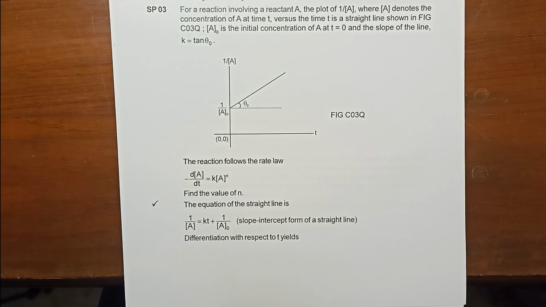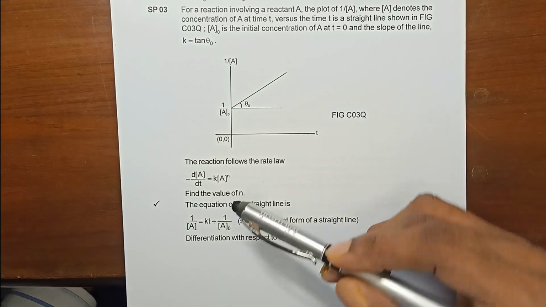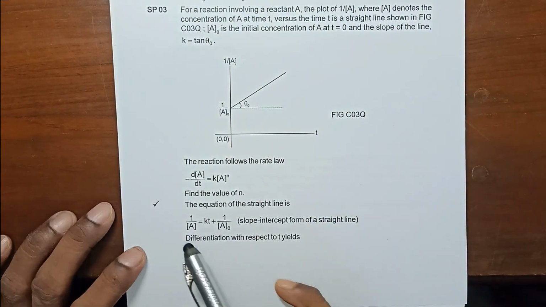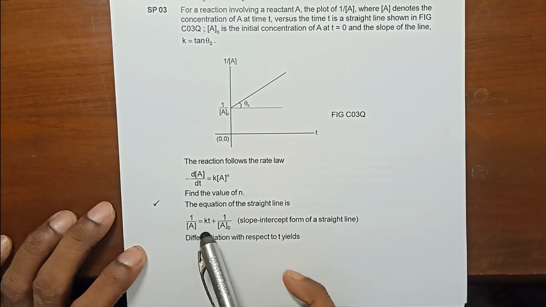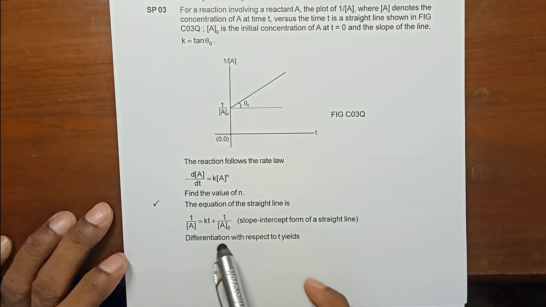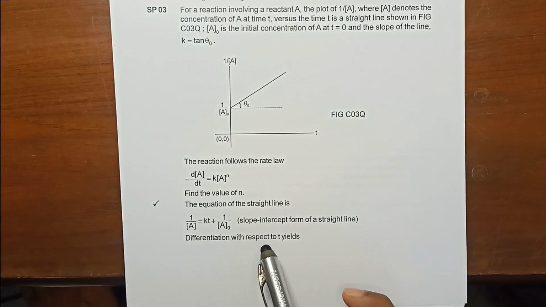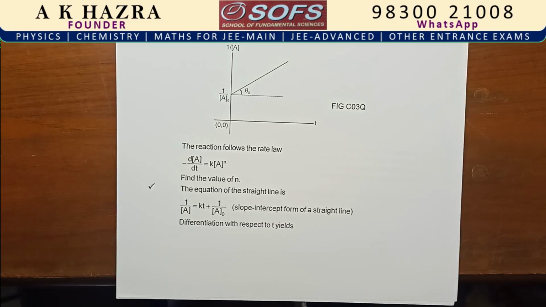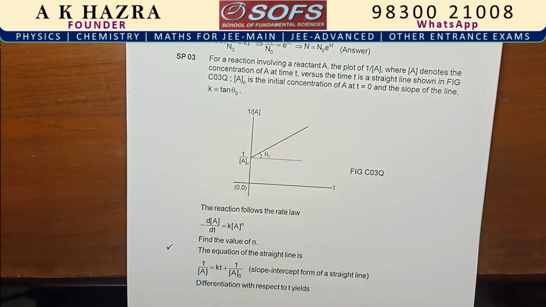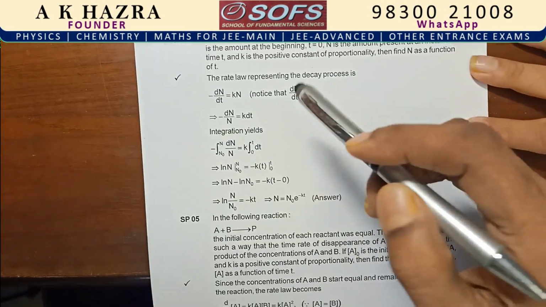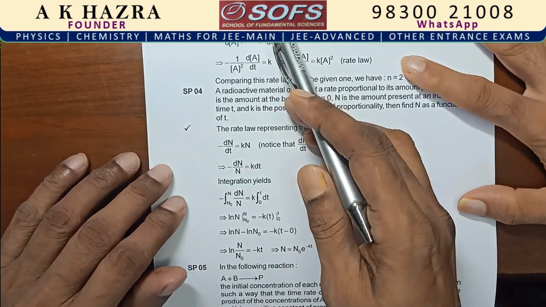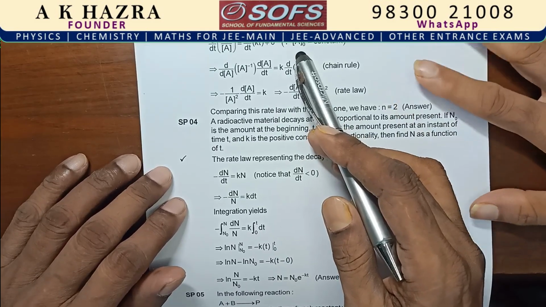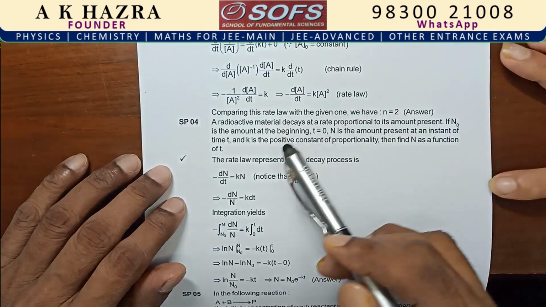Now we have to differentiate the equation, because to find the rate law d[A]/dt, obviously we must apply the d/dt operation. So differentiation with respect to t yields d/dt of 1 by [A] is equal to d/dt of kt plus 0, because the initial concentration is constant, so it will be 0.